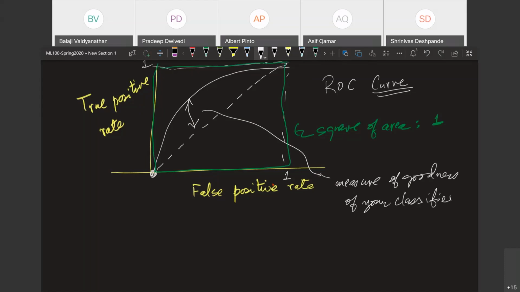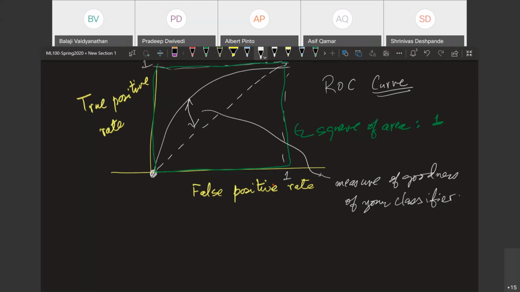Let me explain this. So suppose you were just randomly guessing. A system that just randomly guesses can always guess everything is false. Everything is negative, so then the false positive rate will be 0, and the true positive rate will also be 0. On the other hand, suppose you're just tossing a coin or picking up a number between 0 and 1.